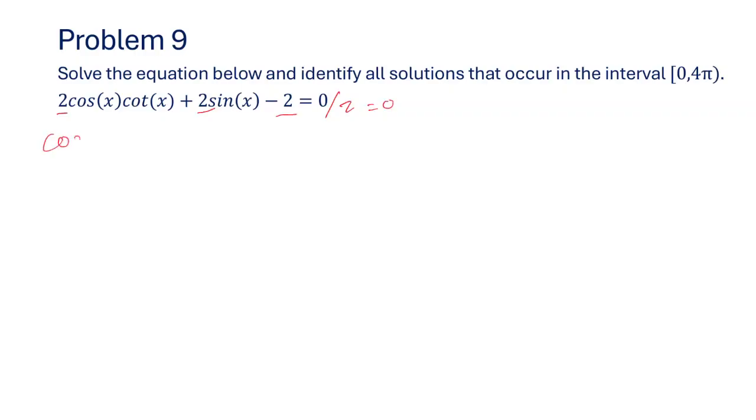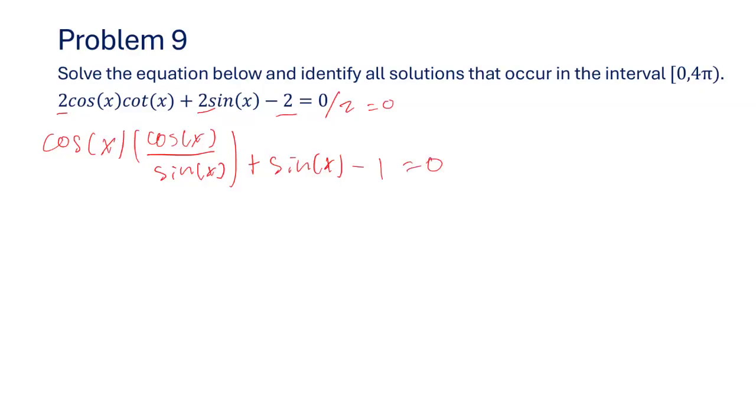So we can just get rid of that 2, and then I'm going to rewrite the expression. I know that cotangent is the inverse of tangent, which means that it is cosine of x over sine of x. Plus sine of x minus 1 equals 0.